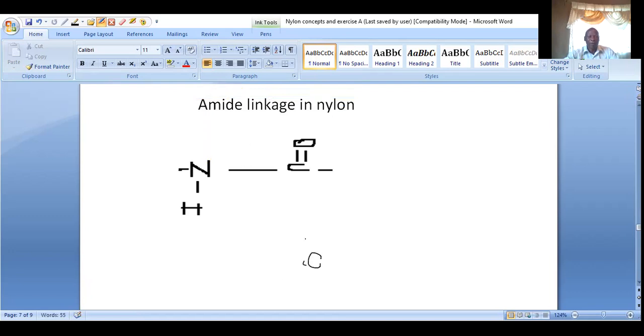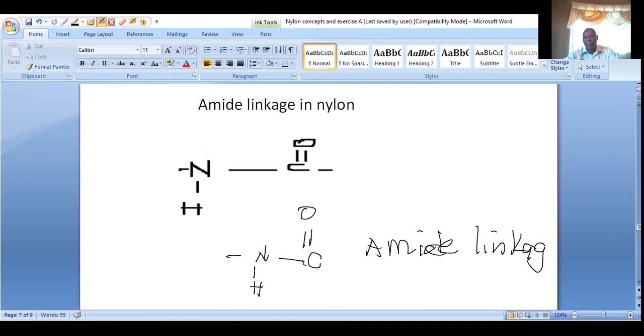It is carbon linked to hydrogen and then the nitrogen. So this is the amide linkage in nylon, and therefore nylon is known as a polyamide. Very important. Okay.